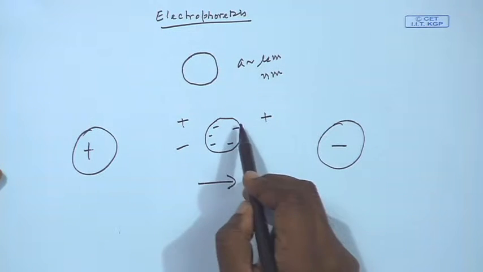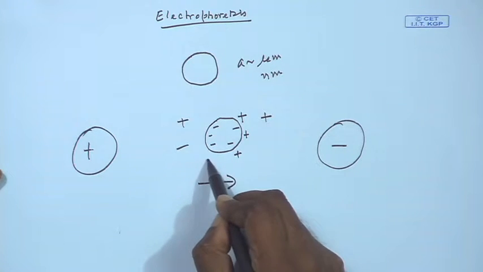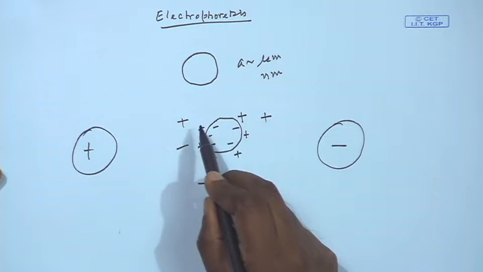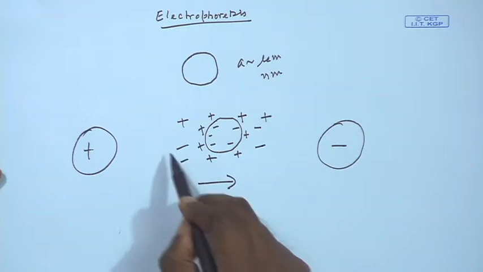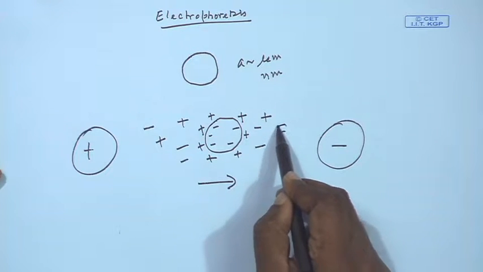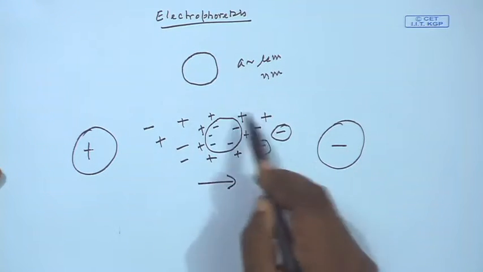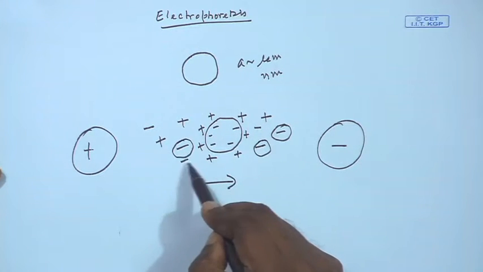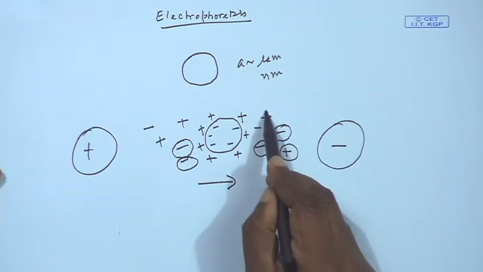Since the particle is negatively charged, positive charge will be attracted close to the particle. There will be a formation of a Debye layer, with negative and positive ions in the electrolyte very close to the particle. So, there will be an imbalance of ions near the particle.